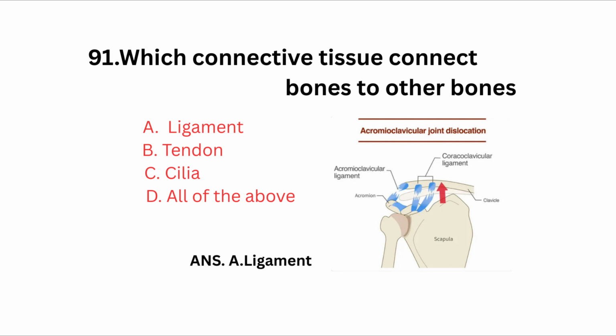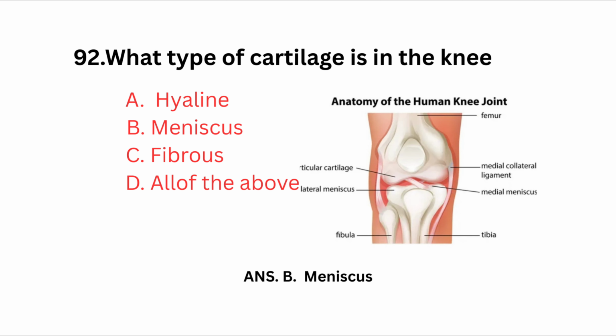So these two are very important conceptual questions. The answer is ligament. The ligament is joining two bones together. It's a connective tissue as well, and the tendons join a muscle and a bone together. Remember that.